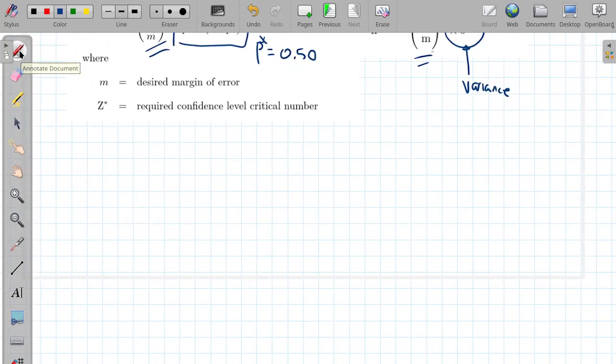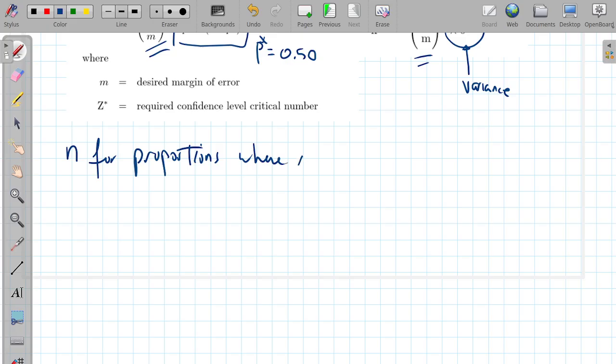Okay, so let's say we want n for proportions where the margin of error is 2% at 95% confidence. Am I going to make that fit? Nah, we'll just do it here.